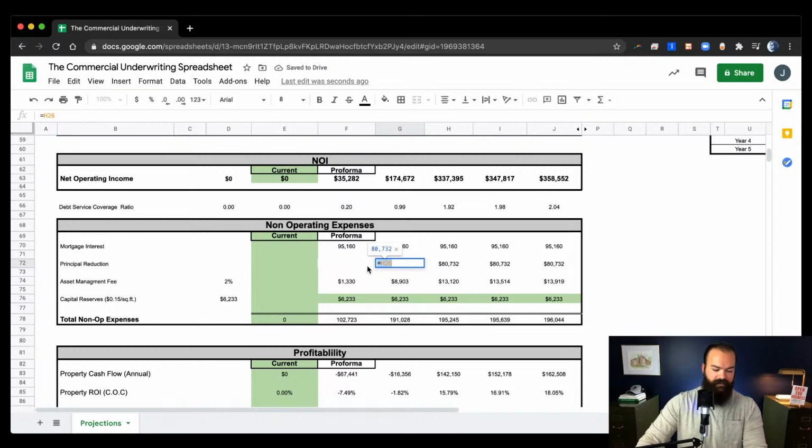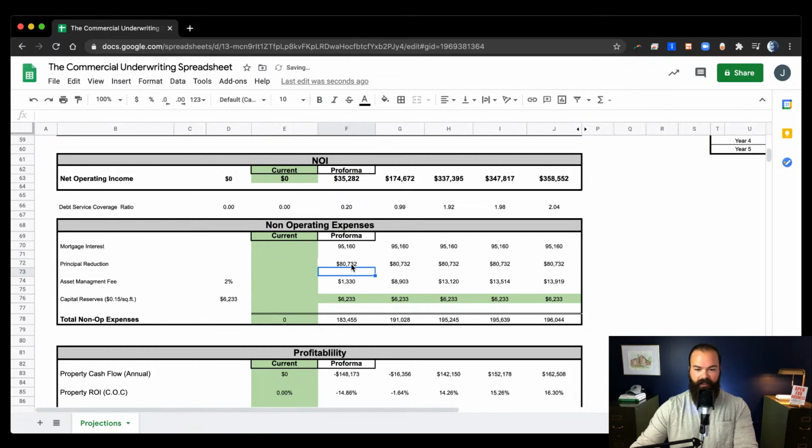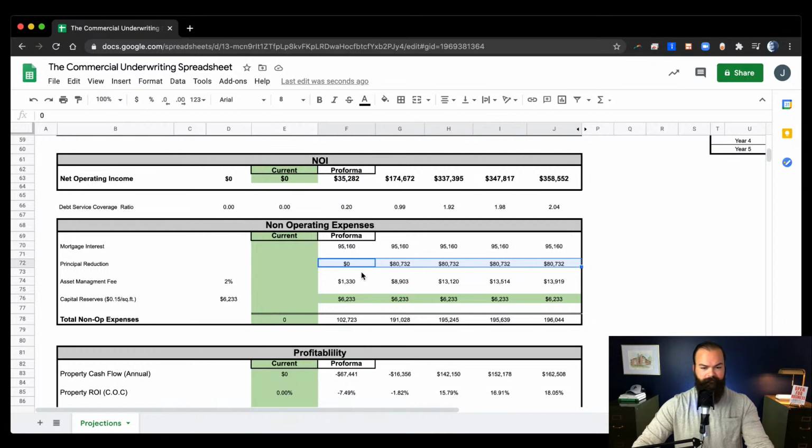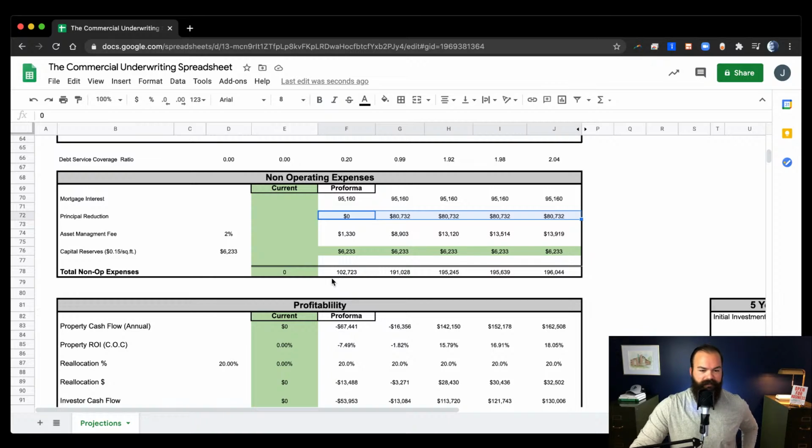Okay, so that's H26. So we'll just come in here, add H26 back in, so you can just see what that'll do. Now, if you're getting 12 months interest only, you just turn that to 0 and you go full term. And year 2, the great thing about this is it's very editable. It's very easy and straightforward to use. So then down here you have your total non-op expenses.